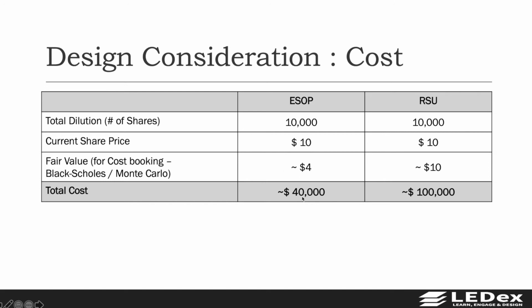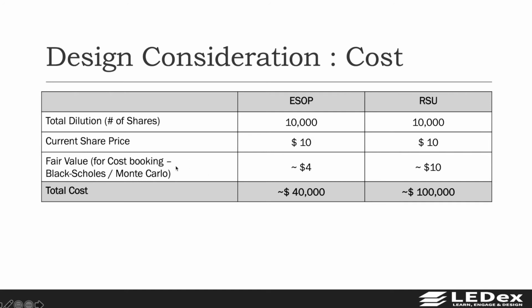From a cost perspective, the accounting hit that needs to be taken would be far less for an ESOP than it would be for a full value instrument. And the reason for that primarily is that with ESOPs there is an uncertainty, so that is built into the fair value consideration.